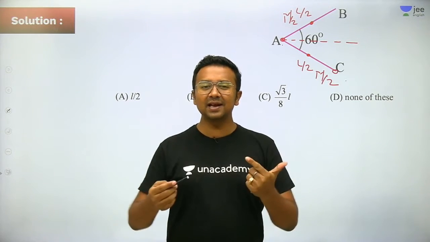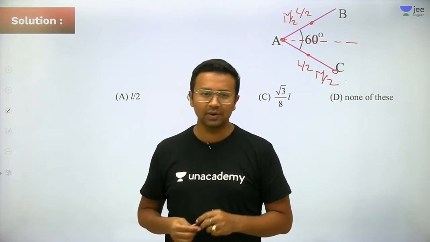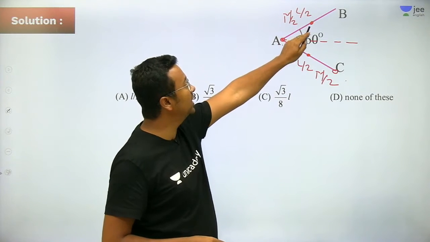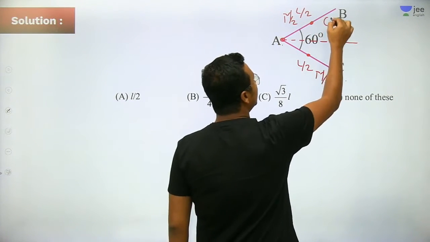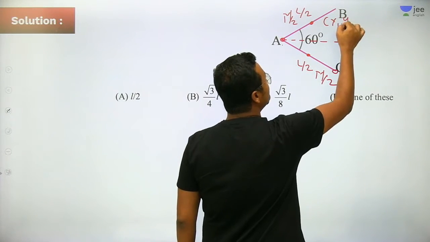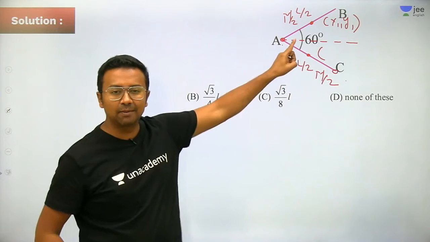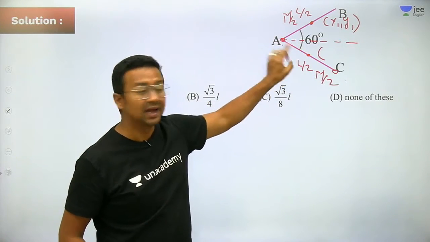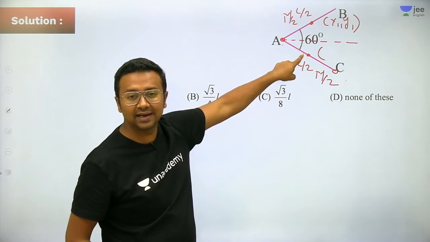See, the lengthy method, I'll just tell you how students approach this question. They will find out the coordinates of the center of mass of this portion, say x1, y1. They will also find out the coordinates of this particular point, where the center of mass is, and we can consider the entire mass to be a point mass located there.